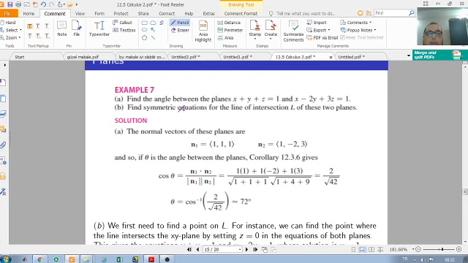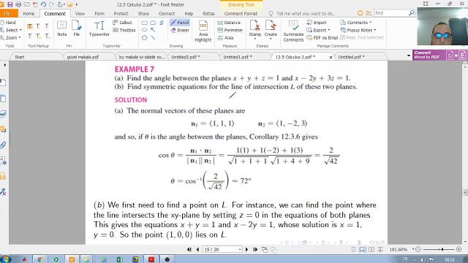So find the angle between the planes given here, and find symmetric equations for the line of intersection of these two planes. Namely, we will find the equation of the line which is the intersection of the given planes in the example. First, we need to find the normal vectors of them. Normal vectors are found by taking the coefficients of the variables x, y, and z respectively.